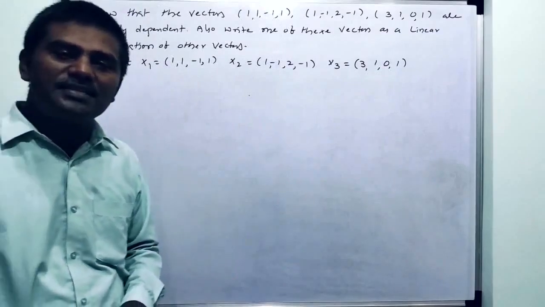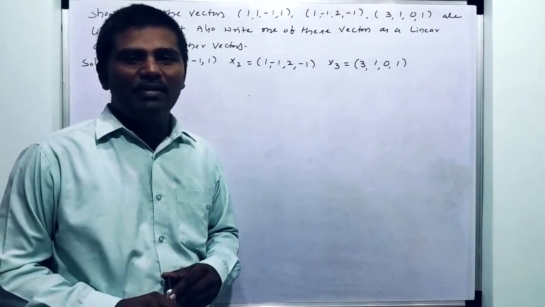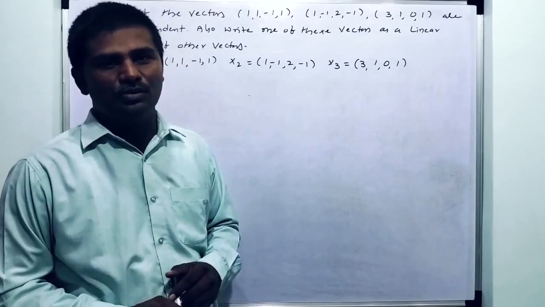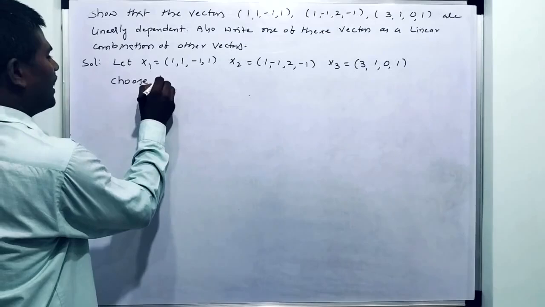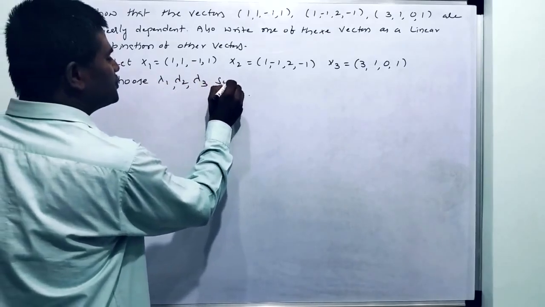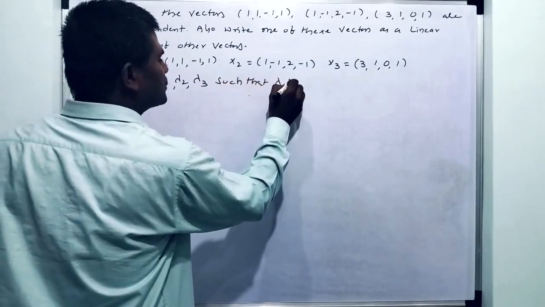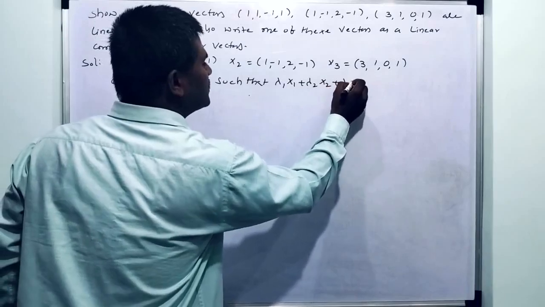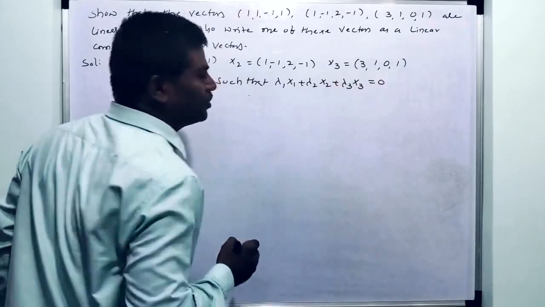Now, consider three scalars lambda 1, lambda 2, lambda 3 such that lambda 1 x1 plus lambda 2 x2 plus lambda 3 x3 is equal to 0.